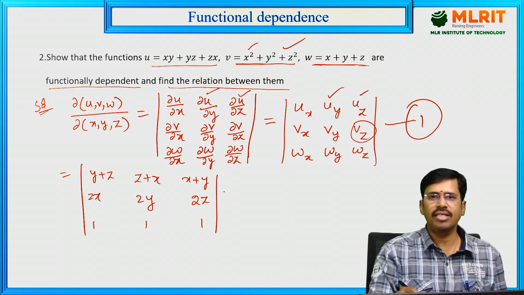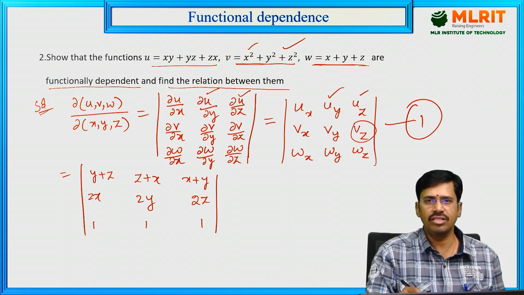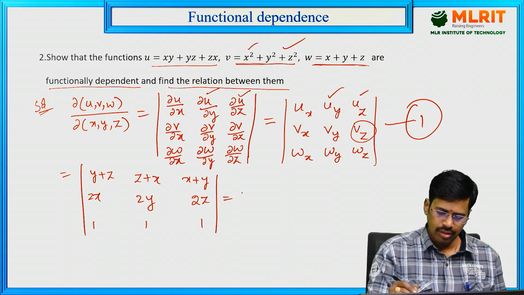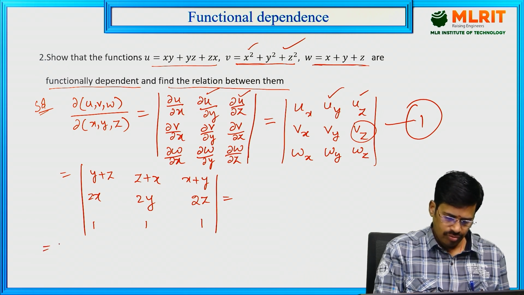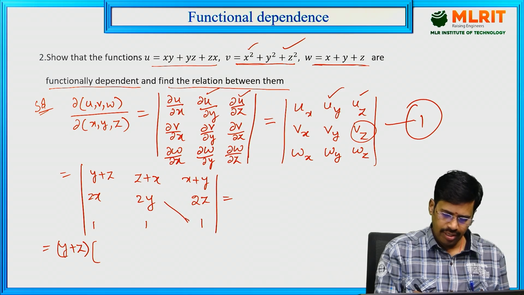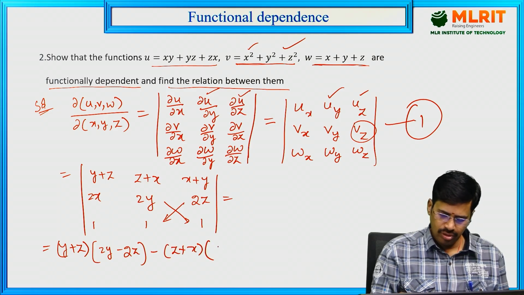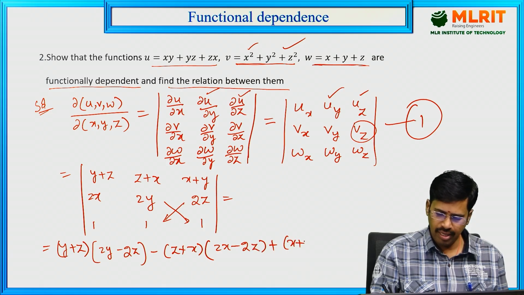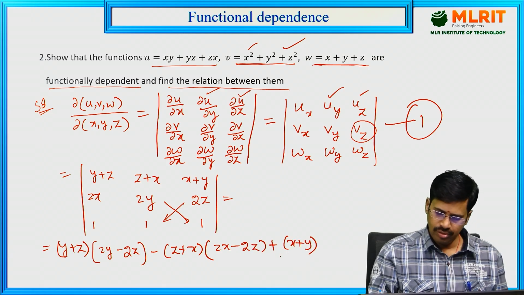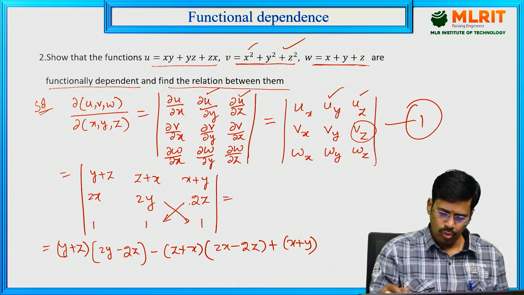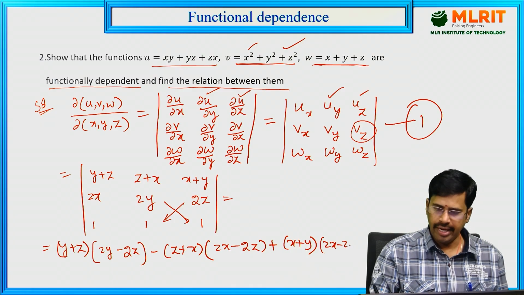So let us expand this determinant and let us see whether we get 0 or not. So this is equal to (y plus z) into this into this minus this into this, (2y minus 2z), minus (z plus x) into (2x minus 2z), plus (x plus y) into (2x minus 2y).